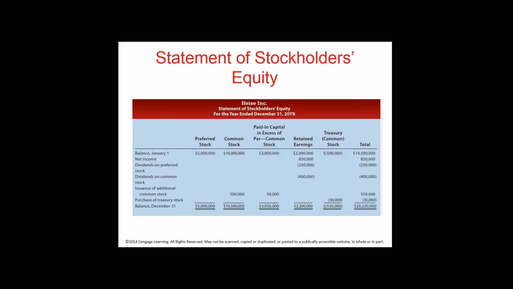We paid out dividends on both preferred and common, and the company had a nice net income of $850,000. And we repurchased some treasury stock. So you can look through here and see the detail as to why our stockholders' equity changed from last year to this year.